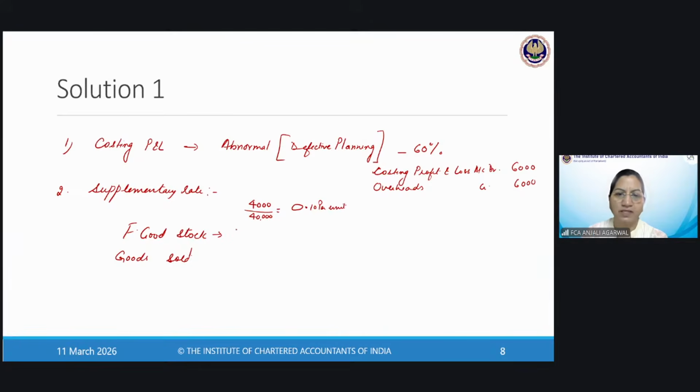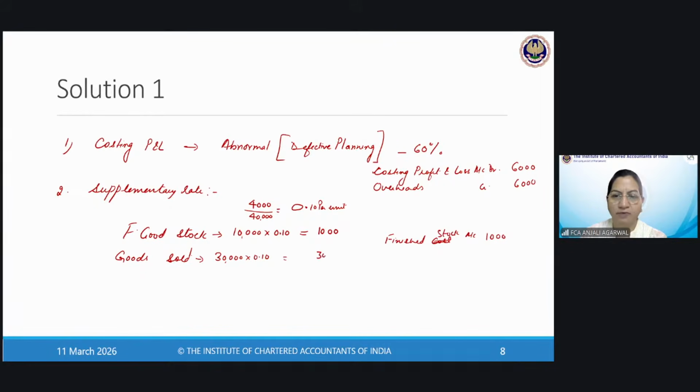So finished stock has 10,000 units. So 1,000, the value of finished stock will increase. So an increase in value of an asset is debited, 1,000, and goods sold 30,000. 30,000 into 0.10.